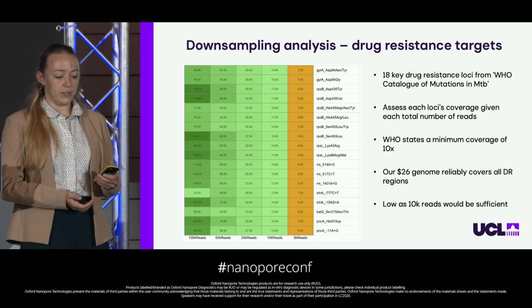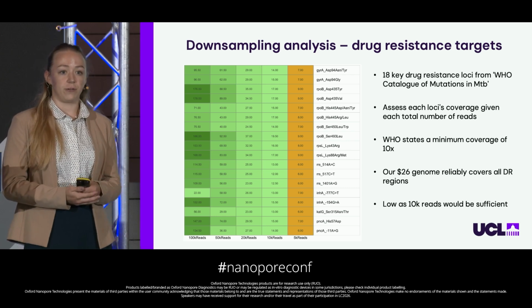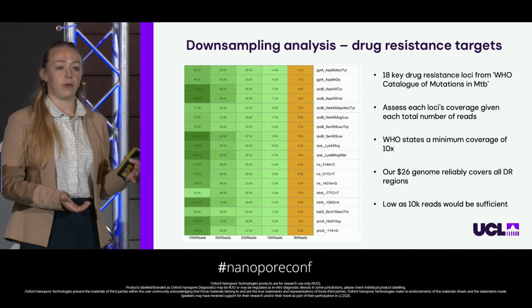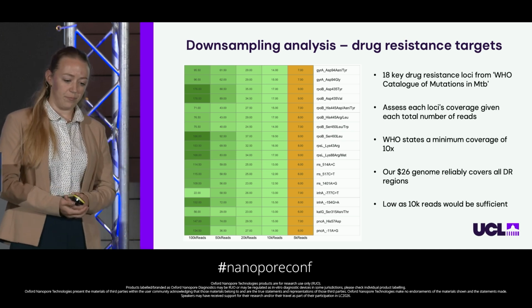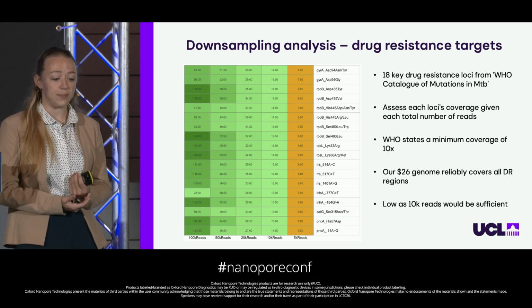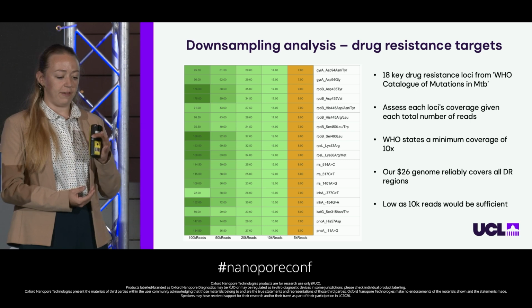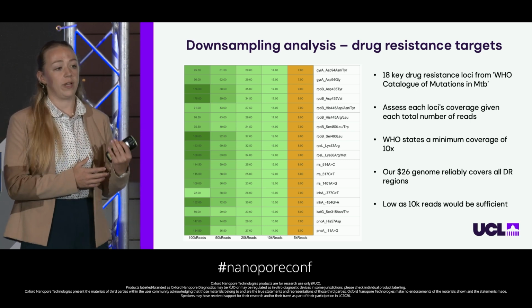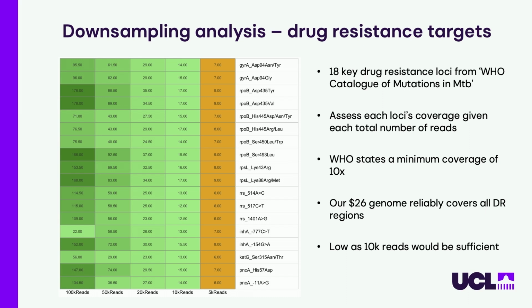So here are the results of the downsampling that we did for the drug resistance targets. Here in each row, I have a list of 18 key drug resistance loci from the WHO catalog of mutations. And you can see furthest on the left is where our $26 genome lies. We're getting really deep coverage in all of these regions.